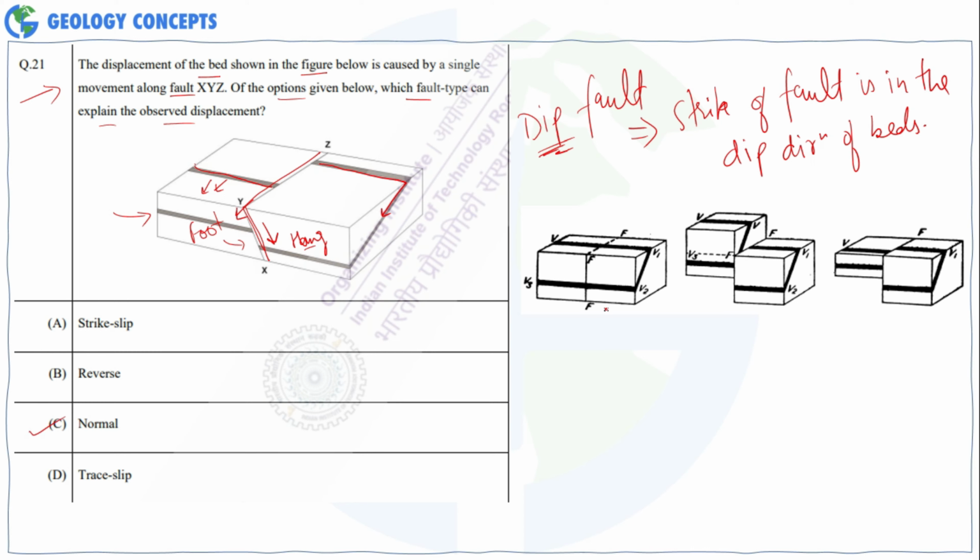But just to be sure, just have a look at this sequence of figures, in which the only difference from our actual figure is that the fault is vertical. Our fault is dipping in this way, but the fault here is vertical, but everything else is same, because the beds are actually dipping here in the same manner as we have in our figure.